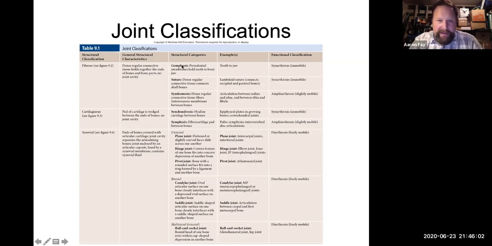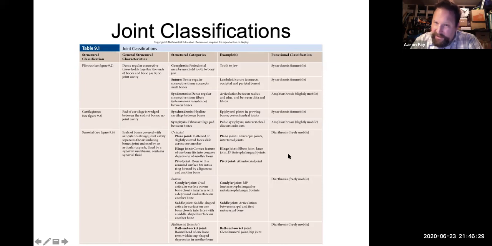We have subtypes, gomphoses, sutures, and syndesmoses for fibrous, and for cartilaginous, synchondroses and symphysis. Do not confuse synchondroses with syndesmoses. Synovial fluid, right? Plane, hinge, pivot, condylar, saddle, and ball and socket. They give you a nice example of each.